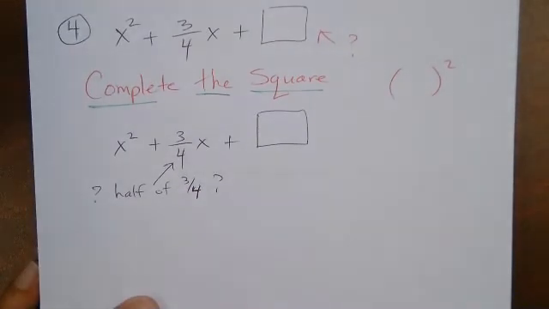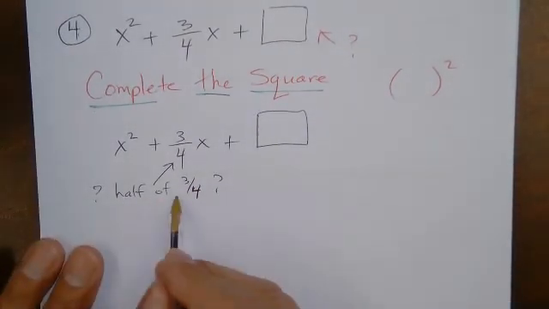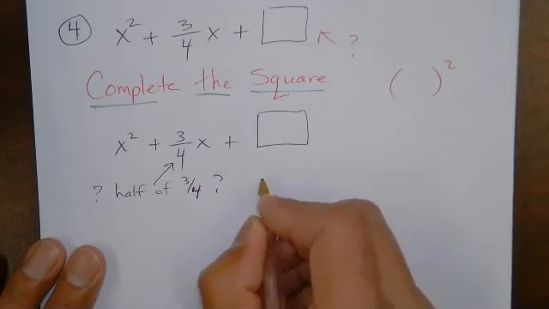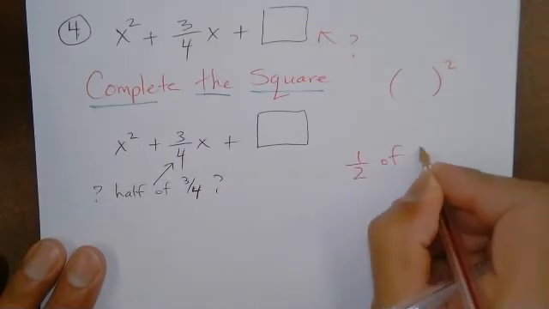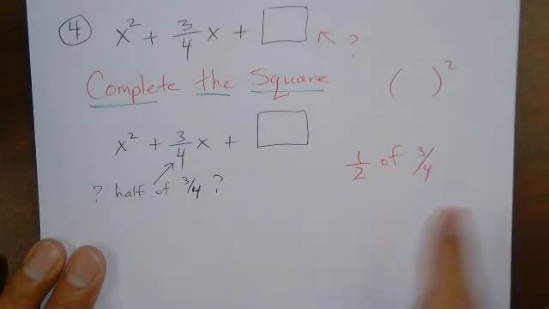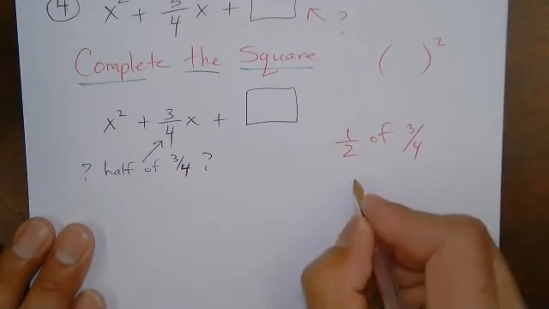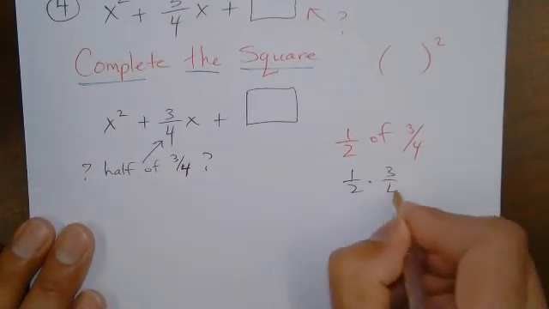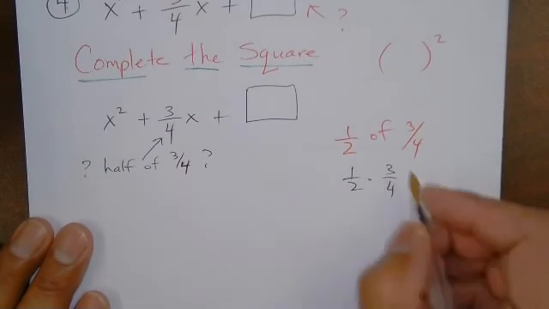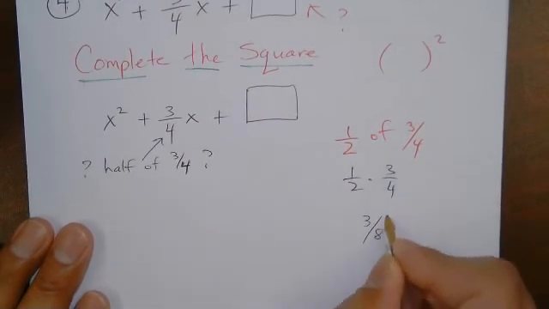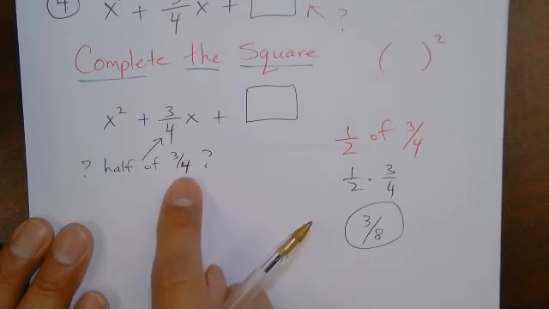So you can write it like this. Half of 3/4 in math would be like this: 1/2 of 3/4. But remember, of means multiplication. What's 1/2 times 3/4? That's one way to do it, and that'll give you the 3/8. Or like some of you are doing, just the bottom number gets multiplied by 2.